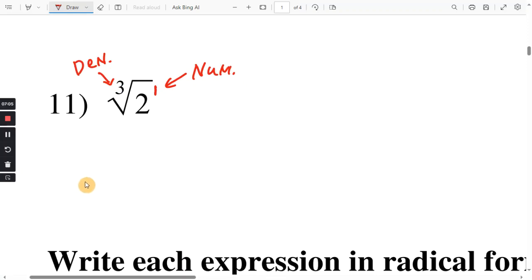So we keep the 2, and the numerator is 1, and the denominator is 3. 2 to the 1/3. That's it.